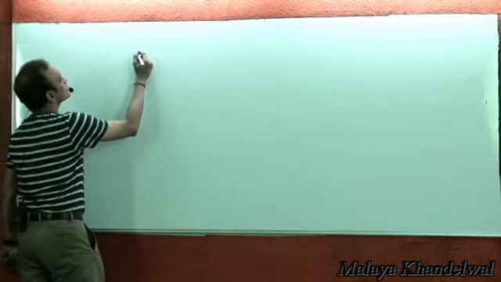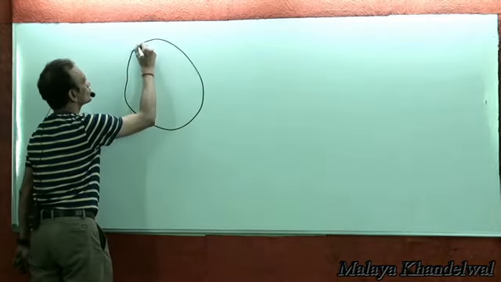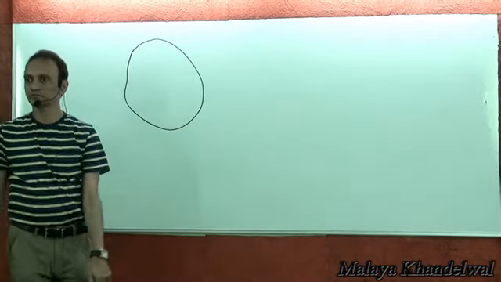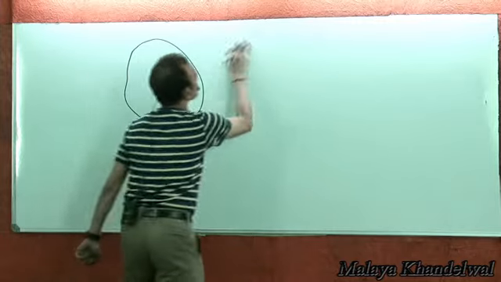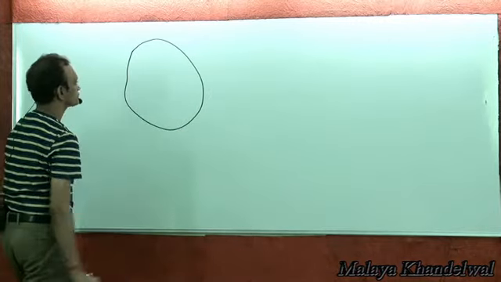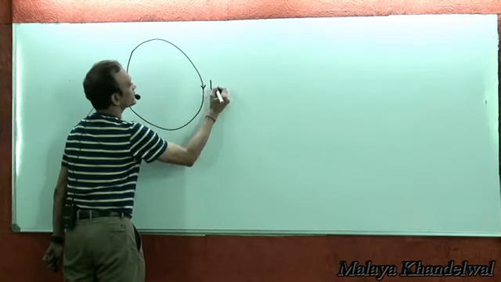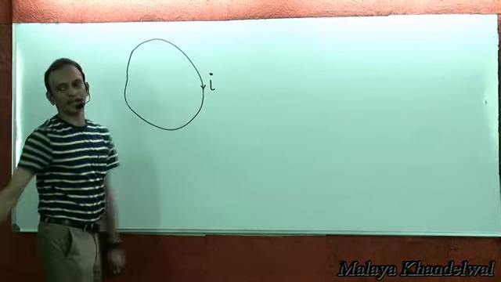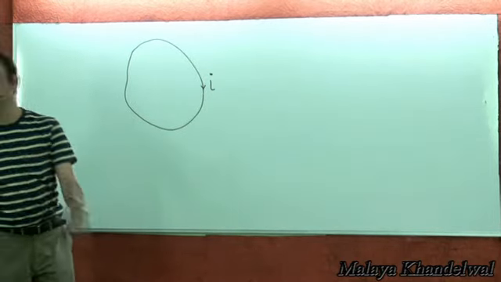See, if there is a loop, and there is a current I flowing through this closed loop.